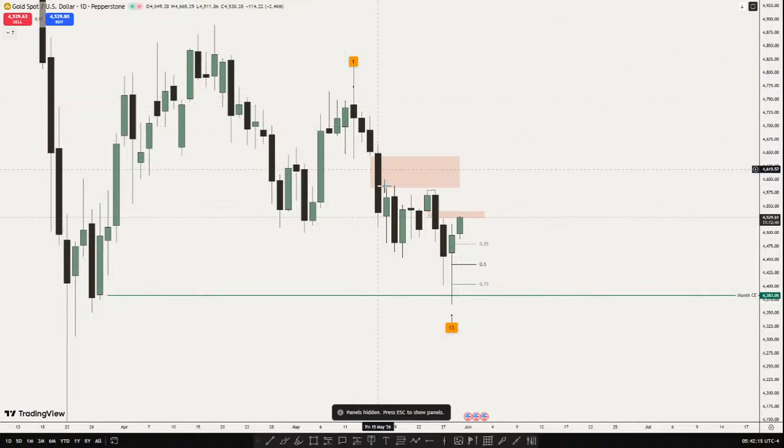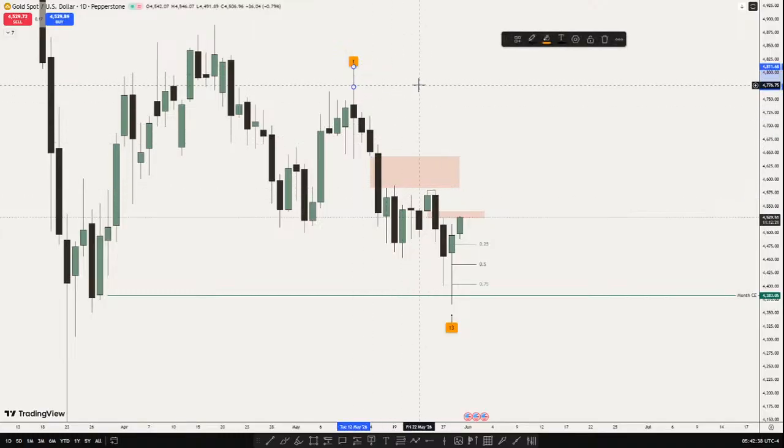So we have one, and then two, three, four, five is retracement, six, and then seven is a swing point and also retracement. Then 8, 9, 10, 11 was the high of the week, which was Tuesday, which created an SMT with the previous daily high, this one.